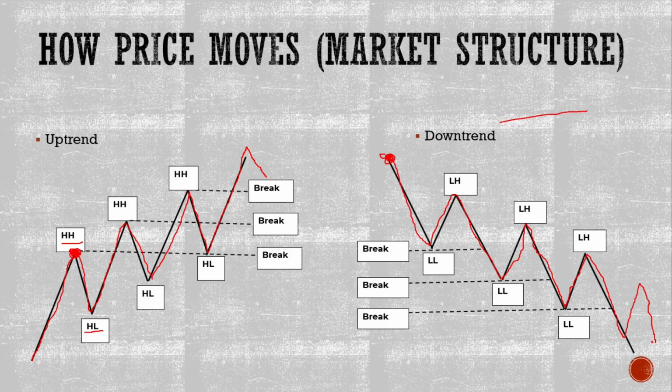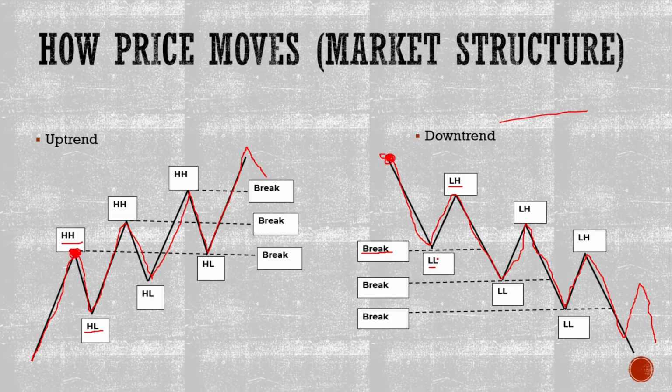As it does that in a downtrend, it will be creating three points, which are lower high, lower low, which is this point right here, and break of a lower low.